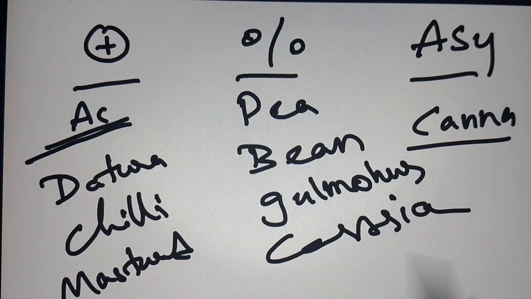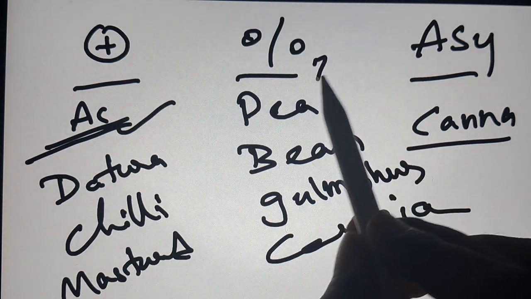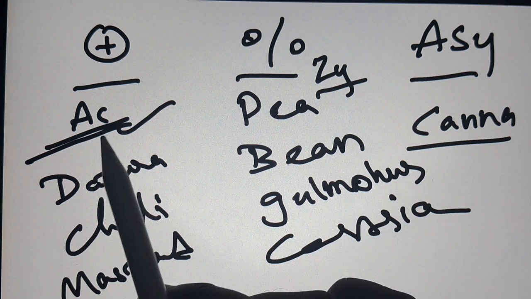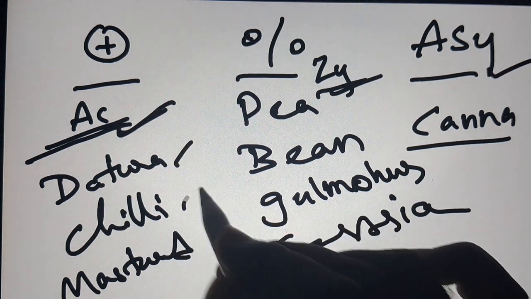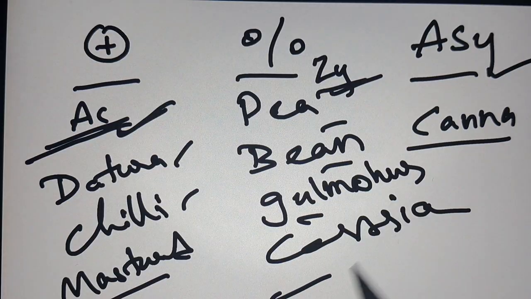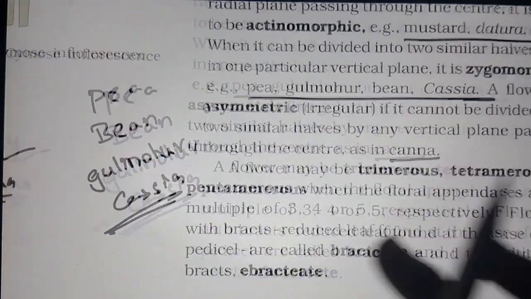These are the examples: actinomorphic, zygomorphic and asymmetric. Datura, chili and mustard, pea, bean, gulmohar, cassia and canna. Okay, next.